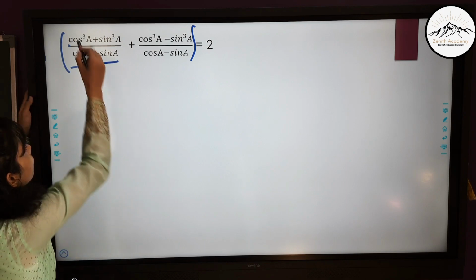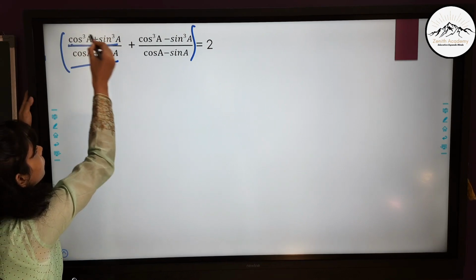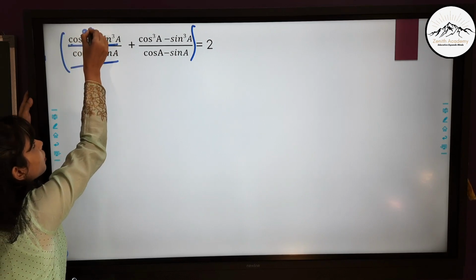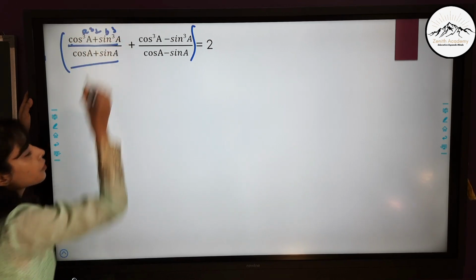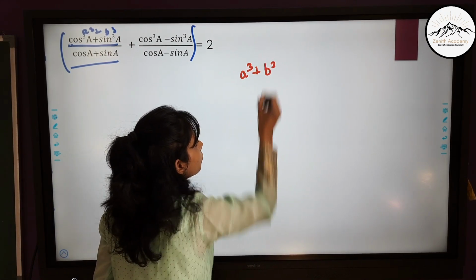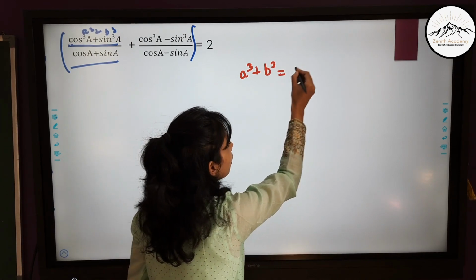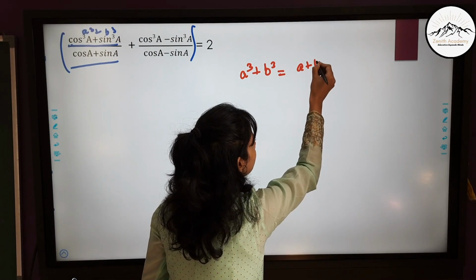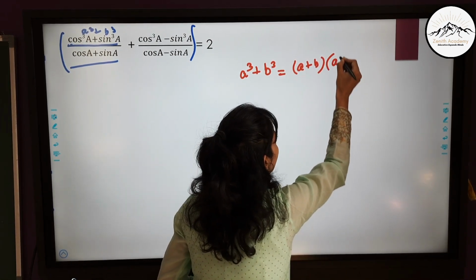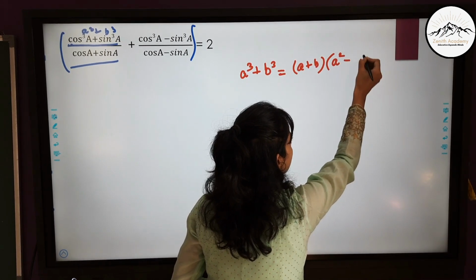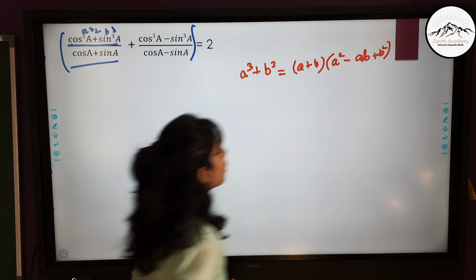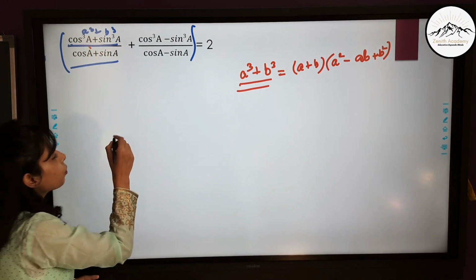Now, if we clearly see this numerator, cos cube a plus sin cube a, what is this in the form? A cube plus b cube. We have an identity a cube plus b cube, which is equal to a plus b whole into a square minus ab plus b square. Cos cube a plus sin cube a, so what we can write?